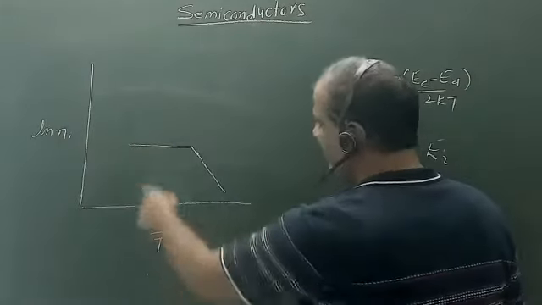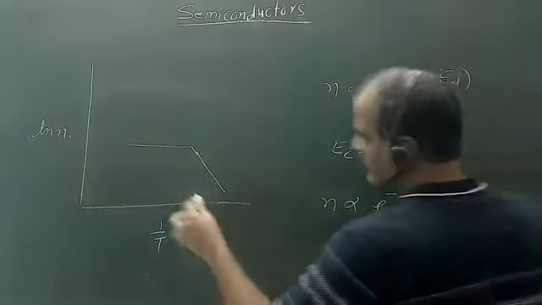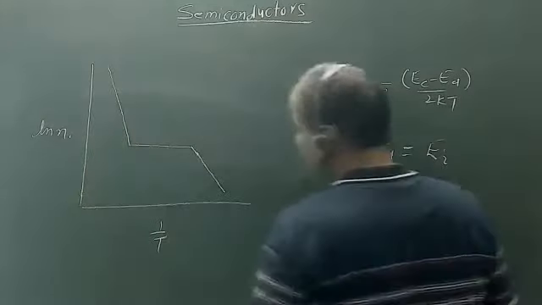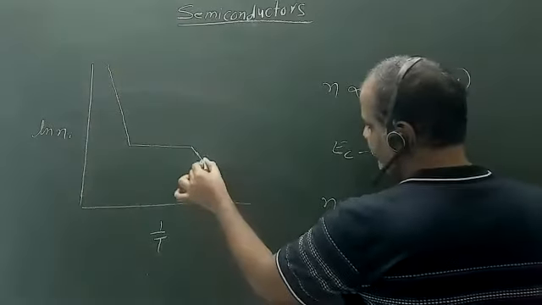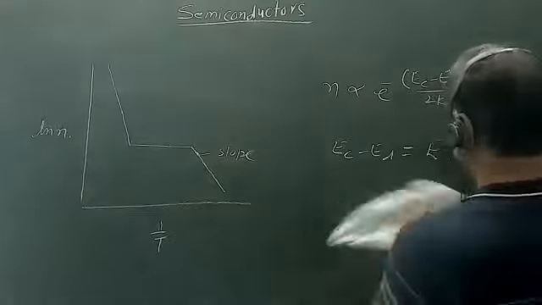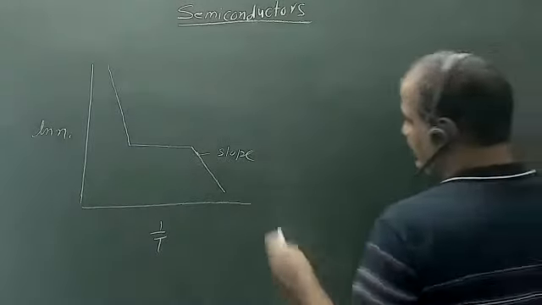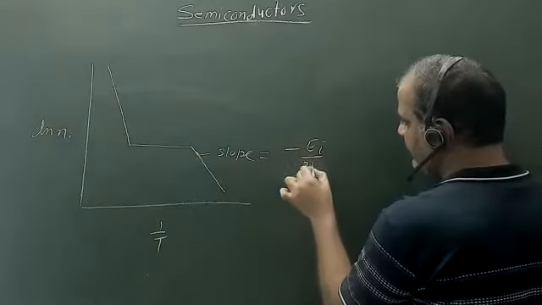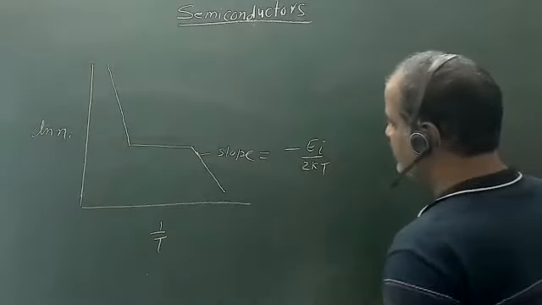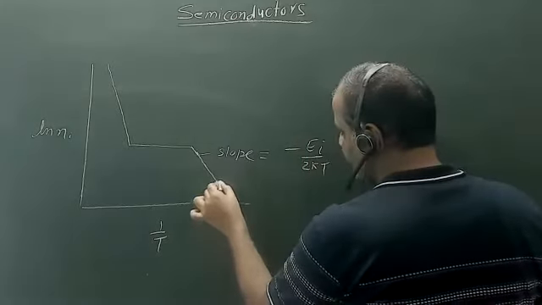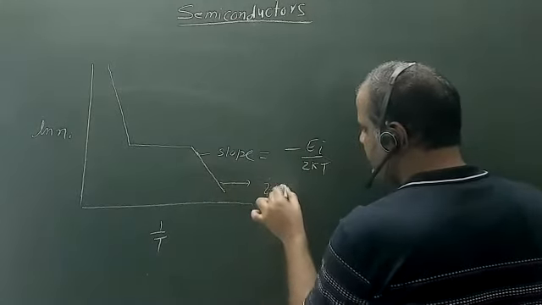And if I go to the higher temperature range, the intrinsic carrier concentration again increases. The slope of this graph is equal to minus Ei by 2k. This is the low temperature region, called the ionization range.